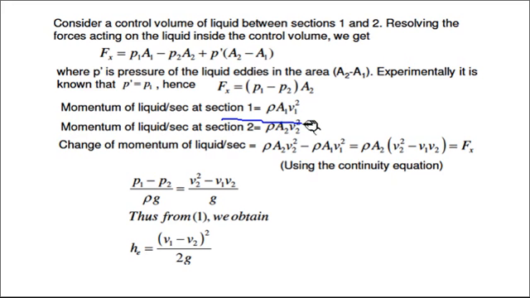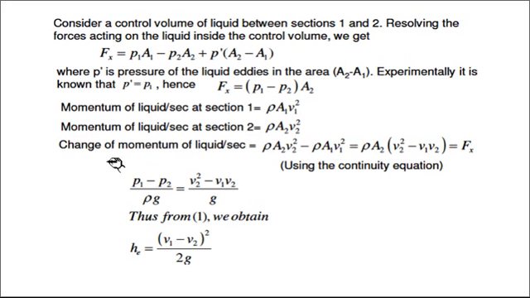The momentum is mass into velocity. All of you know the mass flow rate is rho A V. Now applying it at section 1, it becomes rho A1 V1 square. Similarly, the momentum of liquid at section 2 is given by rho A2 V2 square.